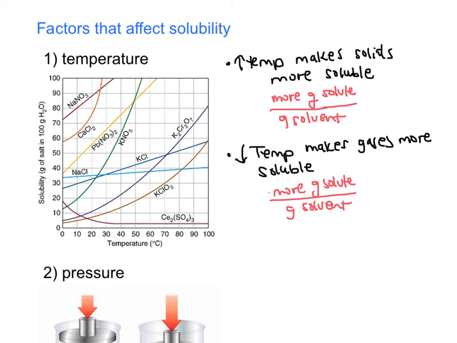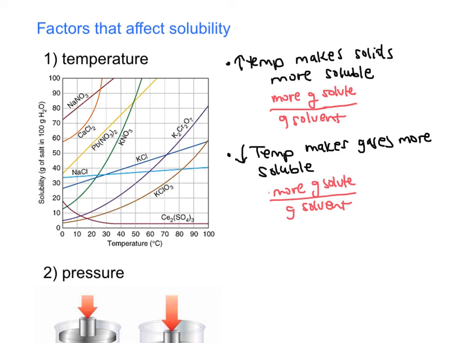So if you look at your solubility curve, you can see that general trend that all of these solid solutes, their solubility increases as you go up in temperature. And then you'll notice something like this cerium sulfate has a decrease because it's an odd one. But for the most part, you'll see an increase in the solubility of solid solutes with temperature.